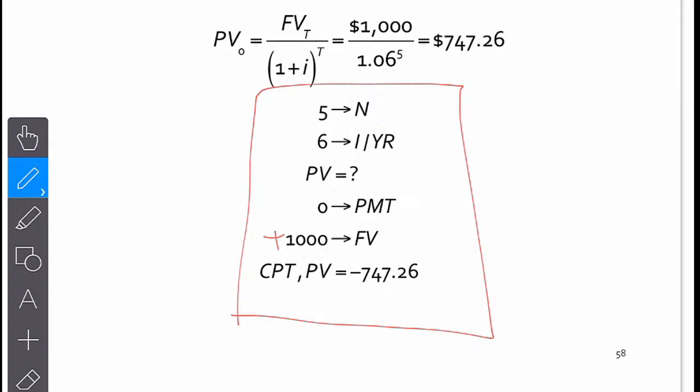Compute the present value, and it tells you it's worth $747.26. That's the most you're willing to pay to get $1,000 later. Any questions? So that's a bond problem with an application of the basic time value of money formula.